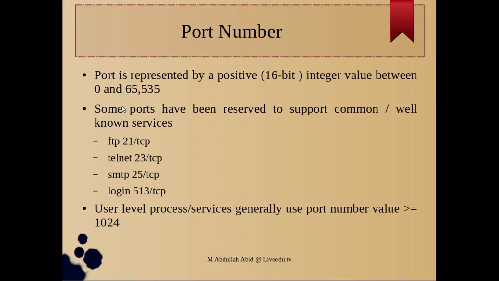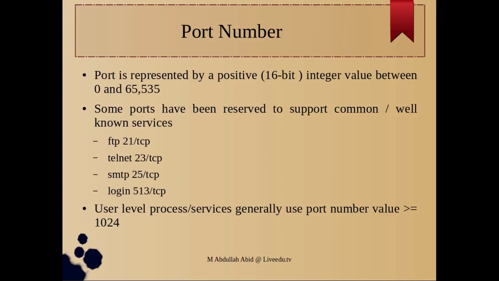The port numbers are represented by a 16-bit positive integer. That means we have numbers between 0 and 65,535. Usually, we divide our port numbers into different sections: well-known services and user-usable services. For example, FTP, the file transfer protocol, which we use for downloading, has a fixed port number of 21.